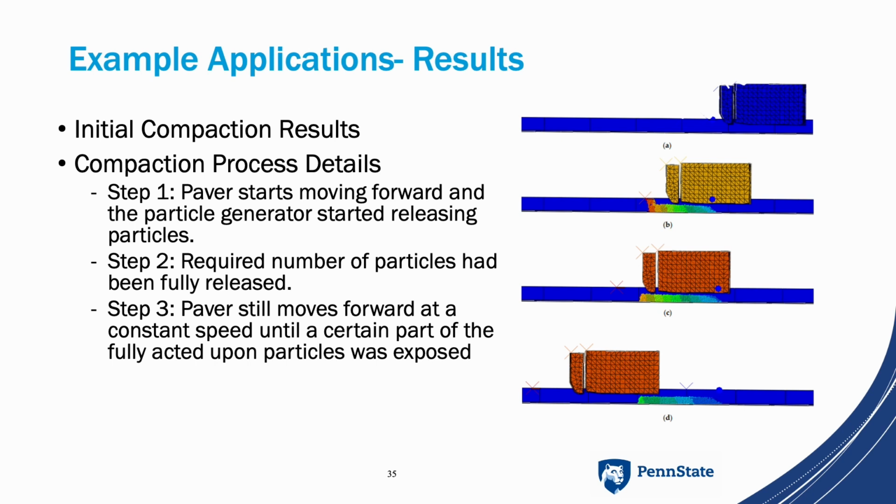Then it went to step 2, which lasted for 1 second, during which the required number of particles had been fully released. Finally, in step 3, in order to observe the state of the asphalt layer after being acted upon by the paver, the paver still needed to move forward at a constant speed until a certain part of the fully acted upon particles was expelled.